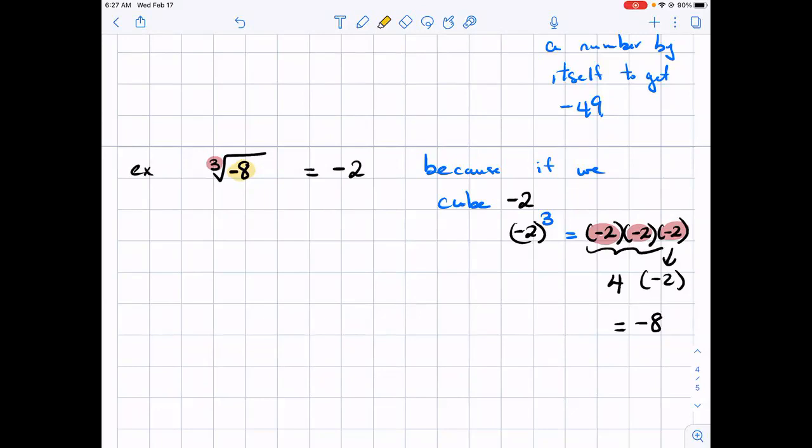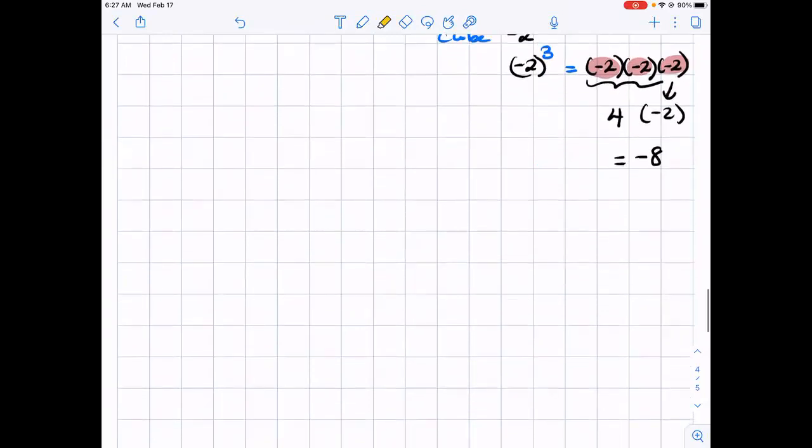So let me just write a quick review of common square roots and common cube roots.